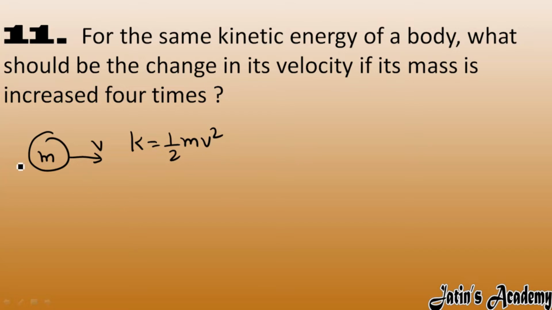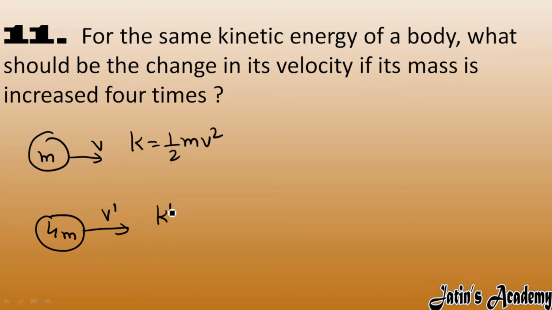Now in the second case, we have to find the new velocity, whose mass is increased to 4 times its initial mass, but kinetic energy remains the same, which is k. So how is this possible? Carefully see.